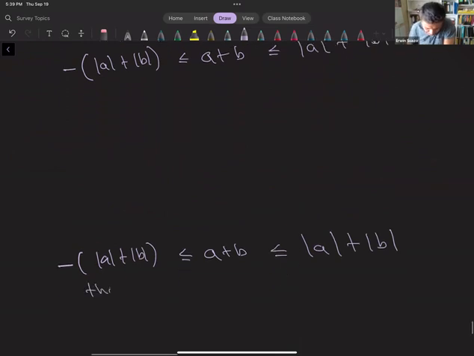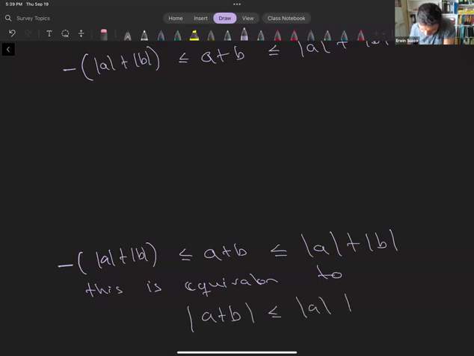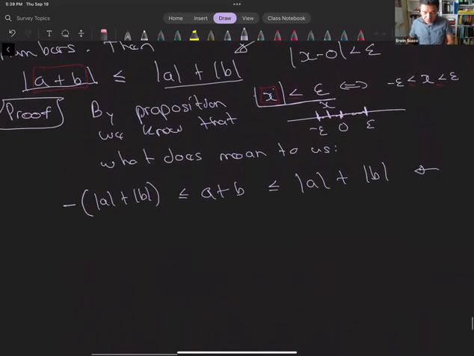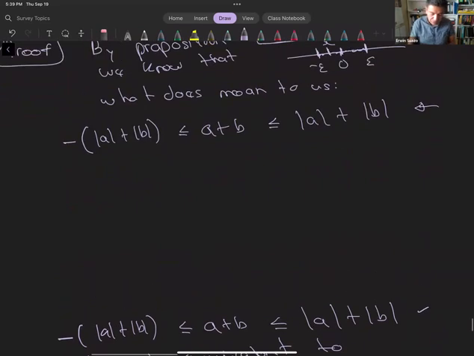And this is equivalent to the absolute value of a plus b being less or equal to the absolute value of a plus the absolute value of b. Okay, I want this, but this is the step before. Using this proposition. Now, how can I get this? So I'm going to address this part. I put it at the end.